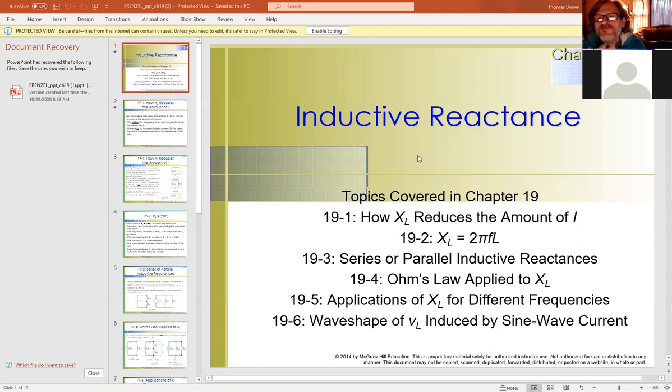But basically, what are some of the topics we're going to look at here? We have our new term X of L, which would be inductive reactance. And notice that this one reduces the amount of current, I, right? Before, we had a reactance more against voltages. Well, now we have inductors, which are reacting more against current.